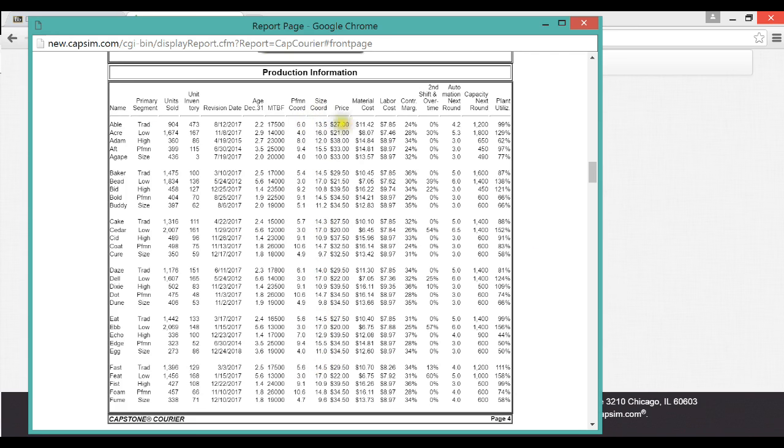And then let's take a look at the price. I'm priced at $27, which is the lowest price. So what this tells me is that I have one of the better performing products, I have one of the smallest products, and I'm charging the least. So probably I can charge more money for this product because it's better than the competition's for the most part.